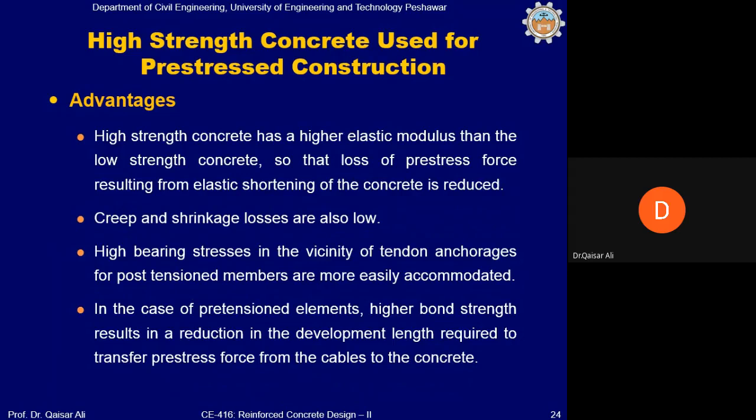and high bearing stresses in the vicinity of tendons for post-tension members are more easily accommodated. This sentence refers to a situation where a high-strength steel wire is cut on both sides, so it will push the concrete, and this was a situation which I explained in the beginning.